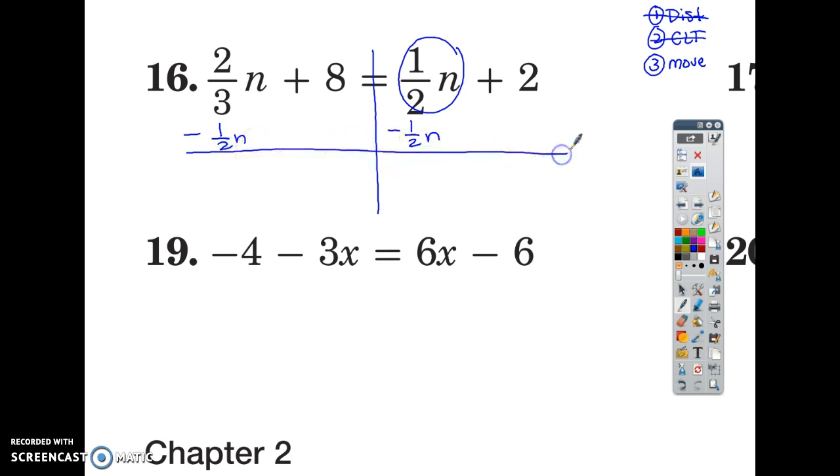And if you don't know how to do fractions in the calculator, don't forget to put the parentheses. So it's going to be parentheses 2/3 minus parentheses 1/2. And then you're doing math enter.